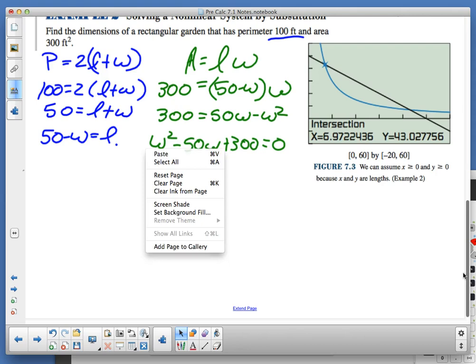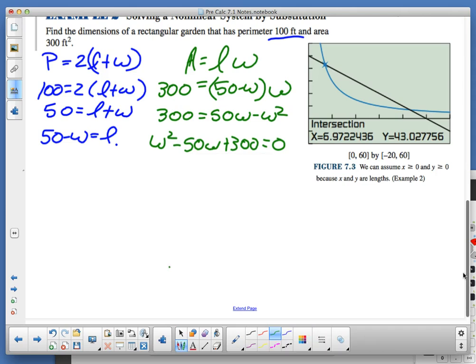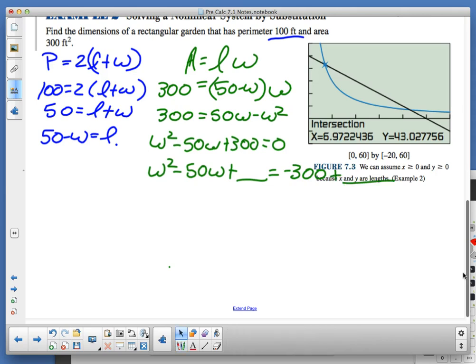Okay. Then I go half of 50, which is 25. And I'm going to set it up a little bit better. Hopefully me resting my finger on the board won't be so much of an issue. Plus something is equal to negative 300. Okay. Plus something, whatever that something is. So half of 50 is 25. 25 squared is 625.